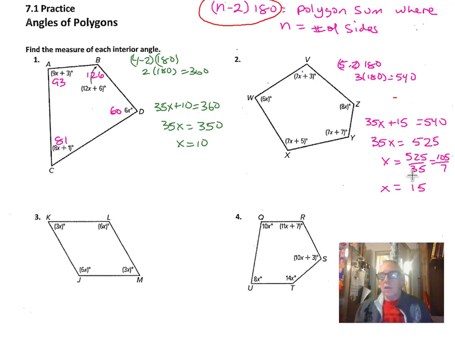Now if x is 15, 7 times 15 is 105, and 3 makes 108. 8 times 15 is 120. 7 times 15 is 105 plus 7 makes 112. 7 times 15 is 105 plus 5 makes 110. And 6 times 15 is 90. And again, all together, these should add up to 540 degrees.